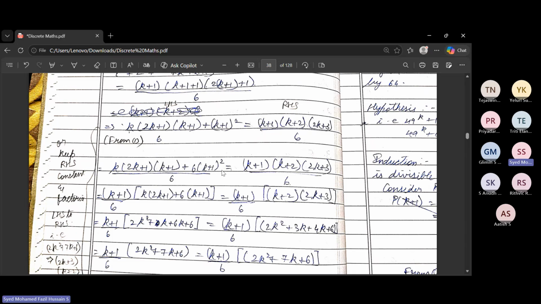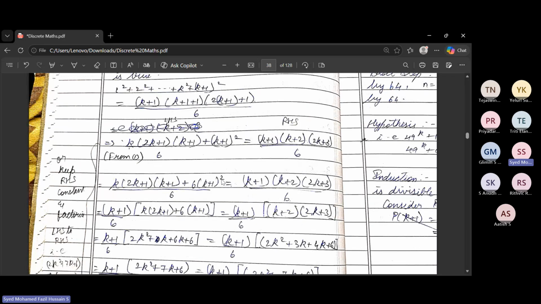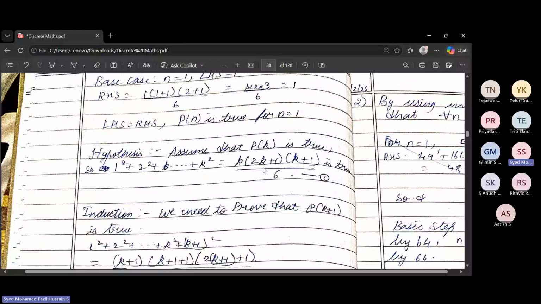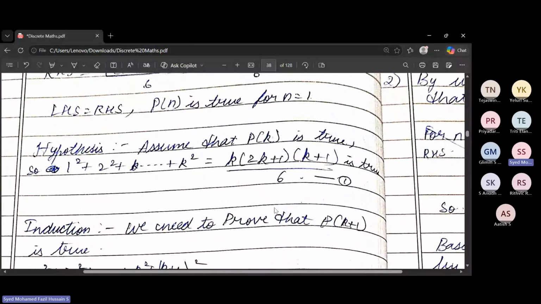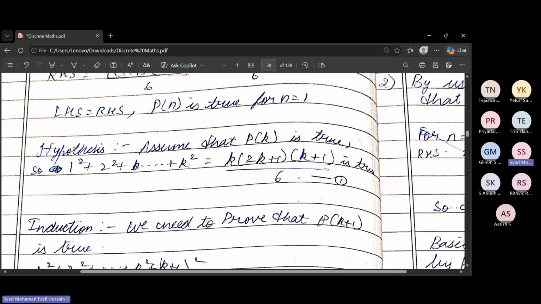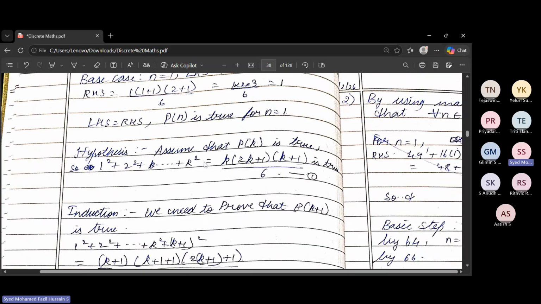so basically, in the next step, what will be added to the initial statement? We just have to add another k plus 1 the whole square, right? Basically, if in the hypothesis we have assumed P of k is true, in the next statement we just have to add k plus 1 the whole square.